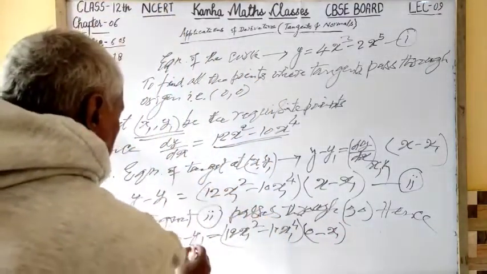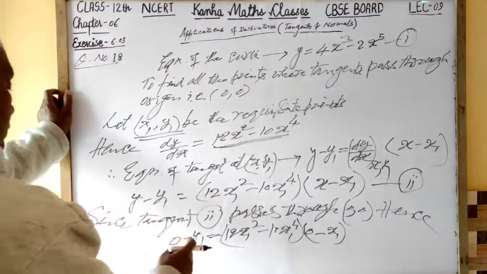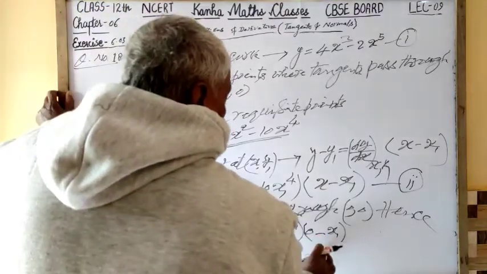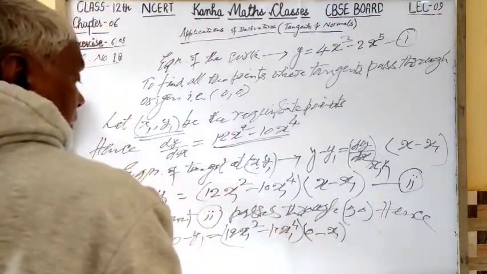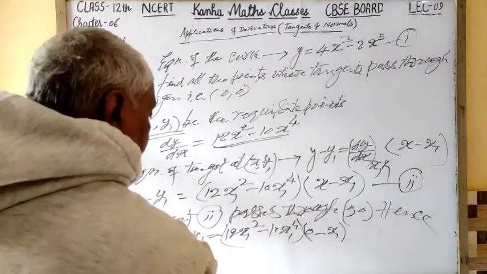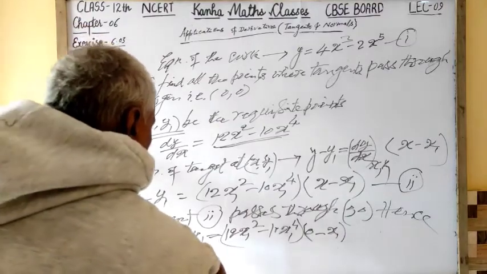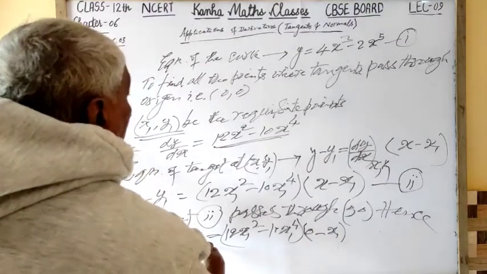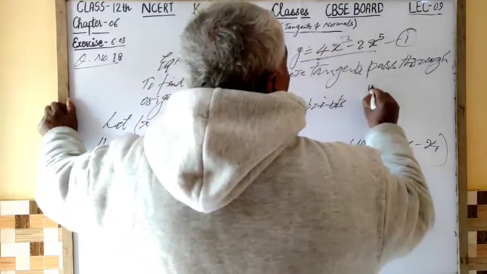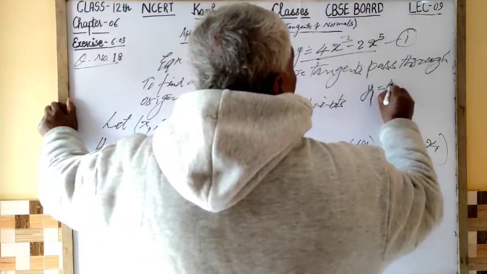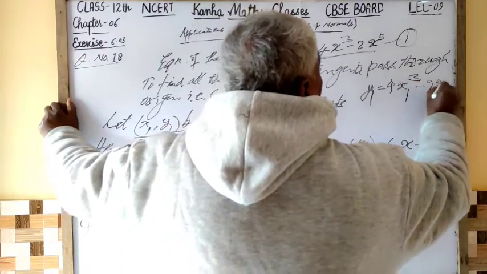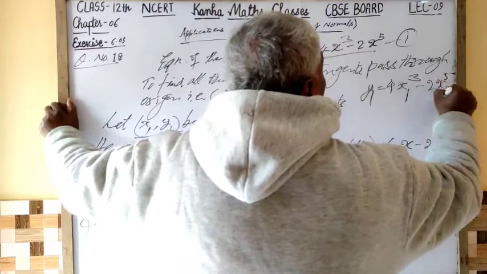That is, the minus sign and minus sign will eliminate each other. Hence from this equation y1 is equal to 4x1 cube minus 2x1 to the power 5.